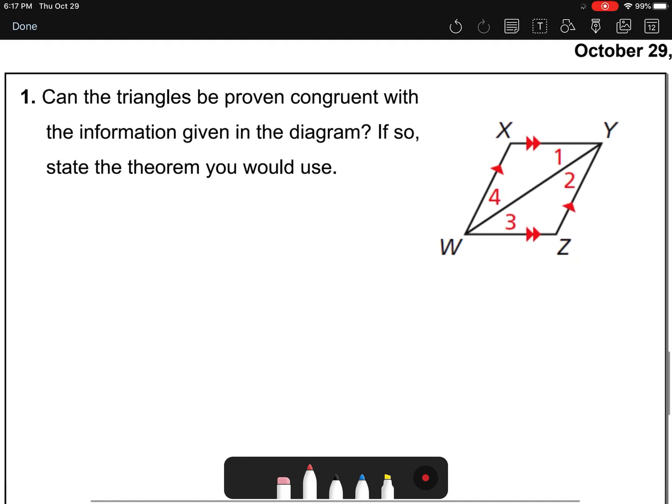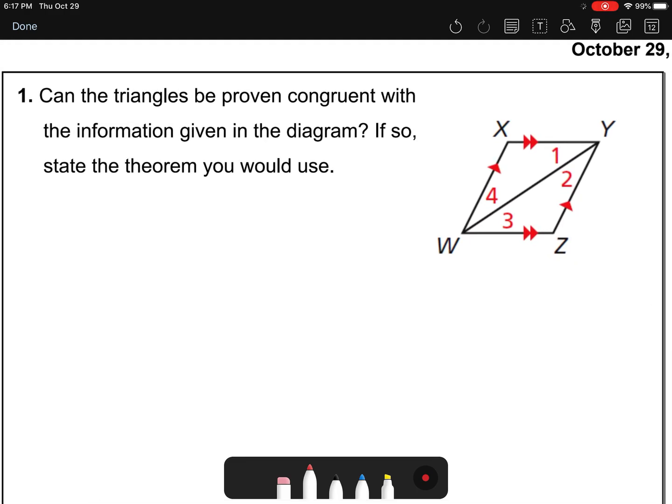Okay, so here we go. Number one, can the triangles be proven congruent with the information given in the diagram? If so, state the theorem you would use. Okay, so we have parallel lines here, XW and YZ, and we have parallel lines XY and WZ. Well, this is why we learn all those facts about all these angles, guys, for this reason, so we can apply it.